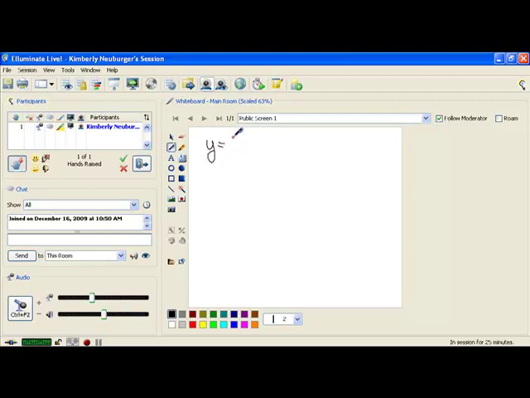y equals 1/3 x minus 2. And then the other equation is going to be y equals negative 2/3 x plus 1.